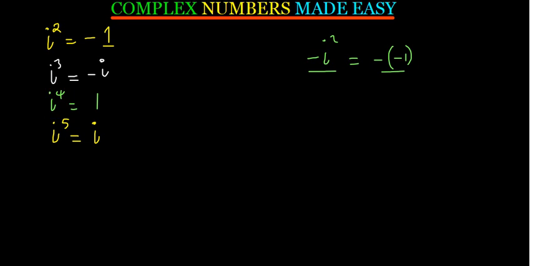And then negative i times i gives us negative i squared. But remember, i squared itself is negative 1, so I'll replace where there was i squared with negative 1. That will give us positive 1. And then I'll multiply again by i: i to the power 4 times i is i to the power 5, and 1 times i is i. Is that okay now?